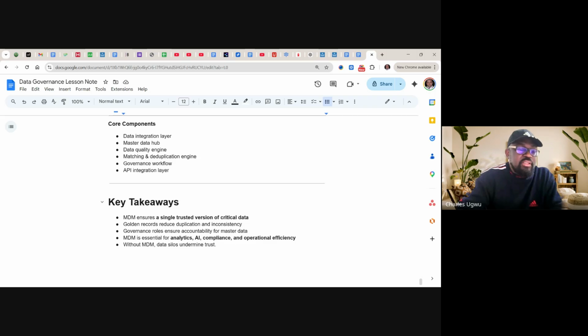Master data management is essential for analytics, AI, compliance, and operational efficiency. Without master data management, data silos undermine trust because most data will be in small units scattered everywhere. But good master data management synchronizes, unifies, and centralizes the master data for the organization, and that is the best practice.